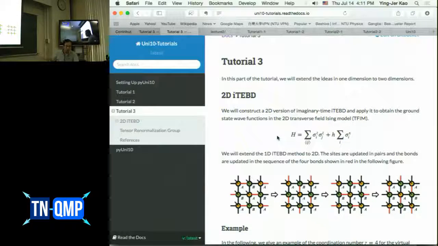The way we do it is we just use 1D iTEBD ideas, maybe in 2D. And as people mentioned in the week, this is not a good update because it's basically updating a tree. You don't update a loop. This is the simplest 2D algorithm that one can implement.